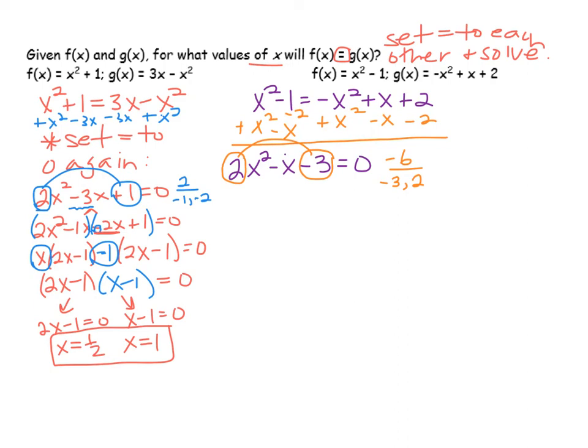Okay, so once we know our factors, here's your 2x squared, and then we'll have minus 3x plus 2x, and then that last term, minus 3, equals 0. Group the first two and group the last two. In that first parenthesis, again, only x can come out of both of those terms, and we would get 2x minus 3.